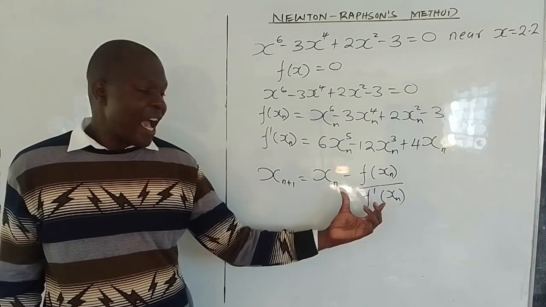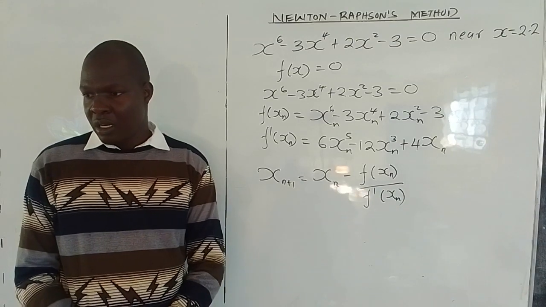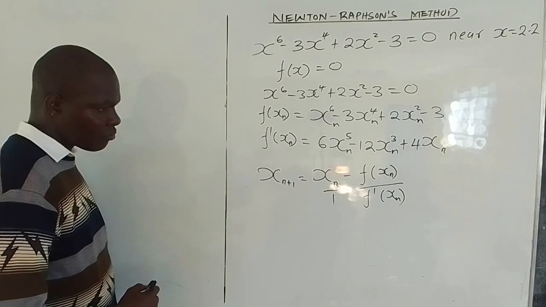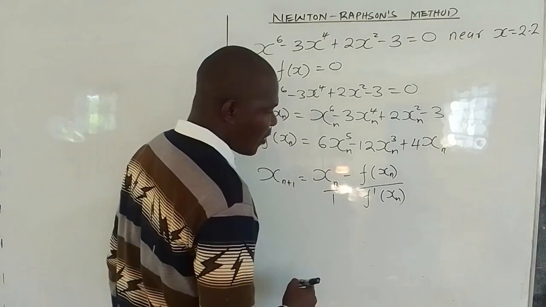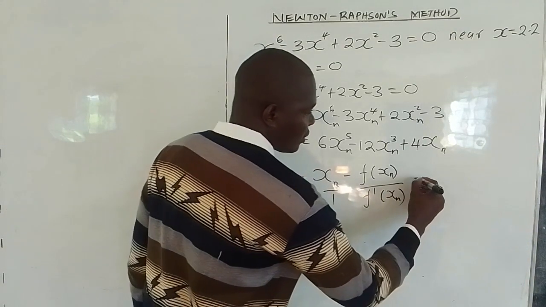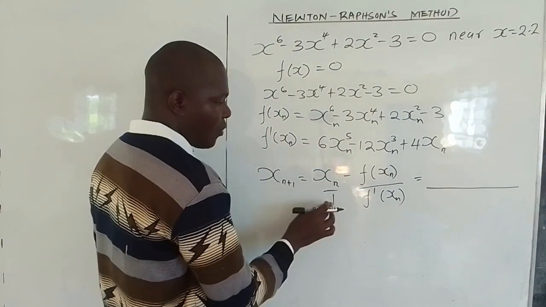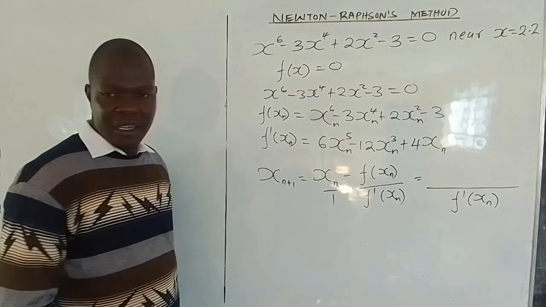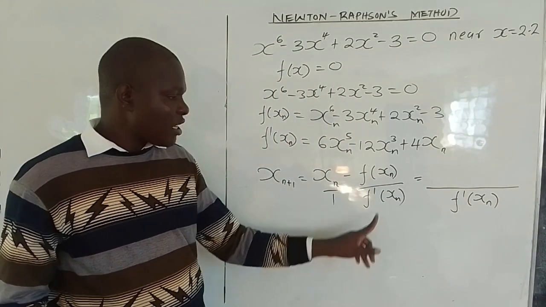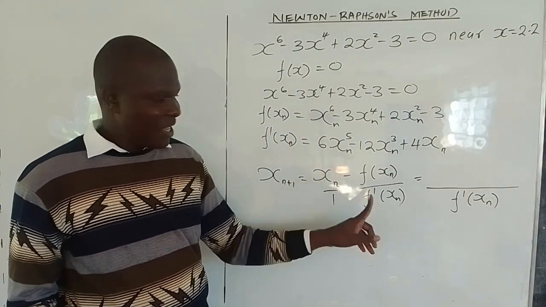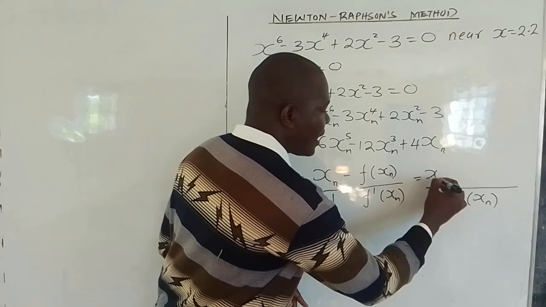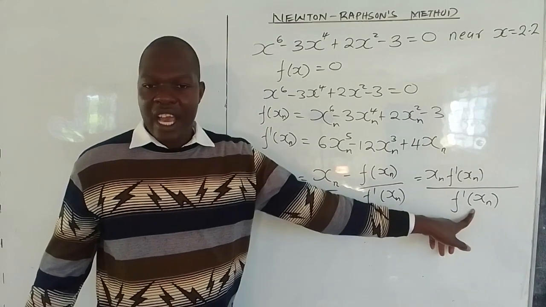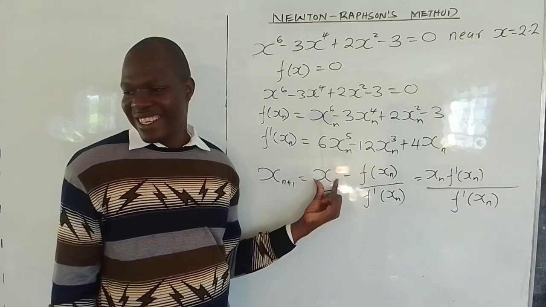So how do we simplify it? The LCM, isn't it? The LCM, meaning this is over 1. So if you look for the LCM, what do you have? 1 times f prime of xn, so you get f prime of xn. Then you just cross multiply: this times this, you get xn times f prime of xn, with 1 going here, f prime of x times 1, isn't it?